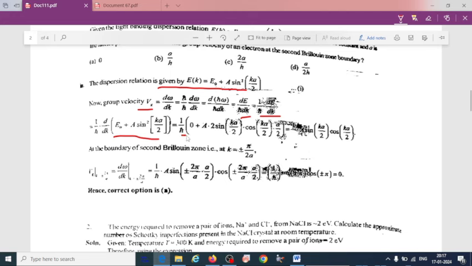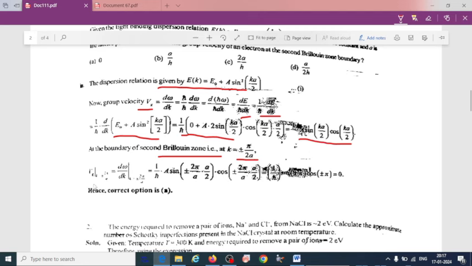Once you do the differentiation, since sin square is there, you have to differentiate it. After differentiating, you will get the equation in terms of sine and cos. At the boundary of the second Brillouin zone, as we know, the wave vector is plus or minus pi by 2a.